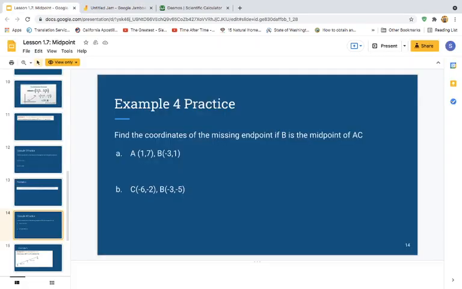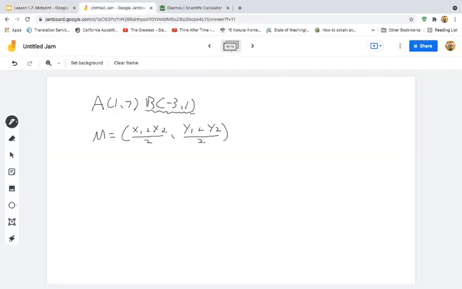So we're going to plug that in for M, so that's going to be -3, 1 equals x1, y1, we'll label them. So x1 is going to be 1 plus x2, which we're trying to find, over 2, comma, y1, we'll say is 7, plus y2, which we're trying to find, all over 2.